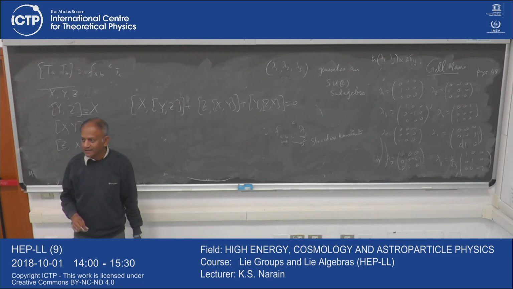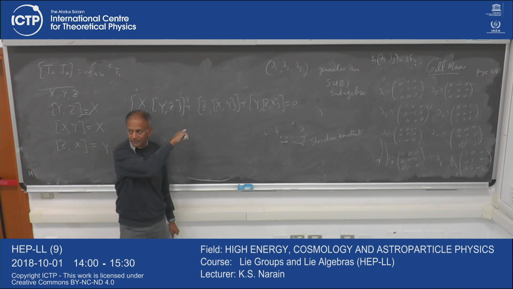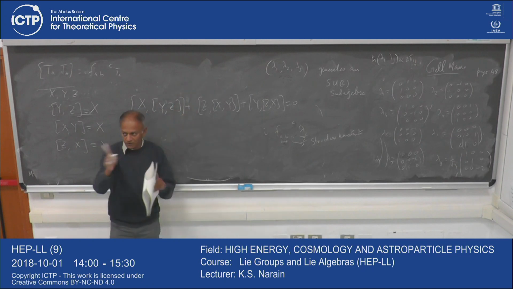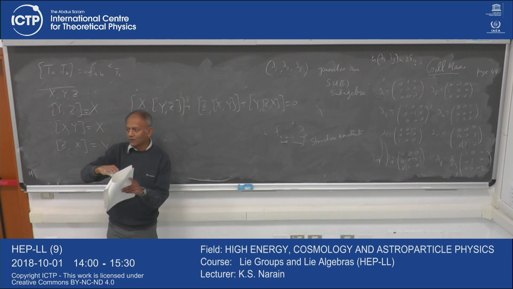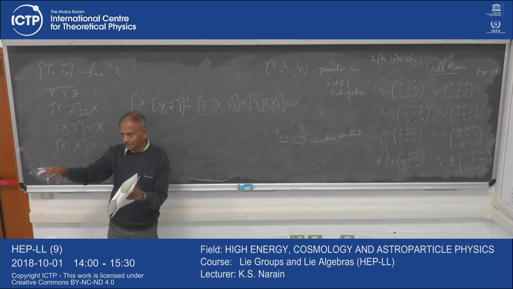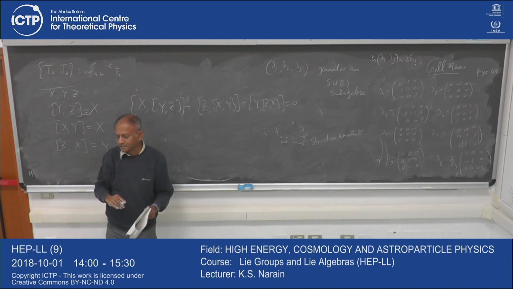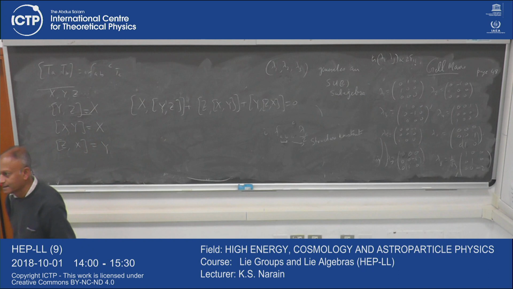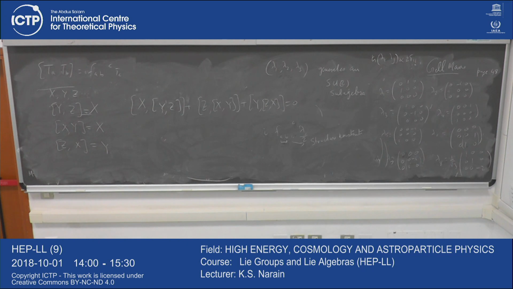If you look at the associativity of the product and see what happens at the infinitesimal level, it translates to this. So if the group is associative, then the algebra of that group should satisfy it. It's just coming from the group, and the group has some properties. You go to the algebra, the infinitesimal generators, and they should have these properties.